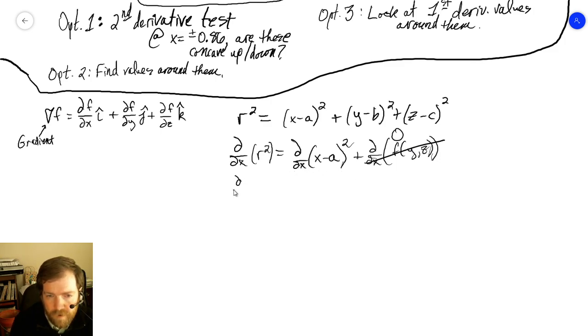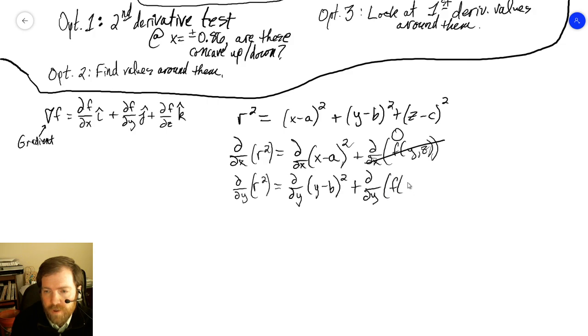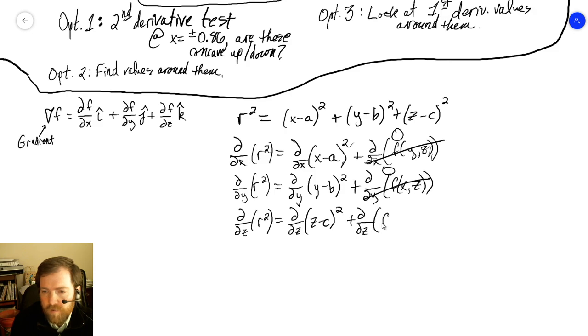And then you said ddy of r squared is going to be equal to ddy of y minus b squared plus ddy of a function of x and z is again going to be 0. ddz of r squared is equal to ddz of z minus c squared plus ddz of a function of x and y.